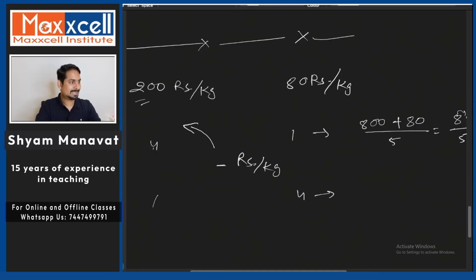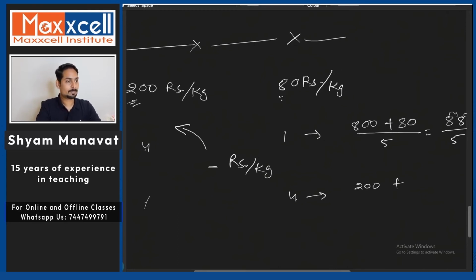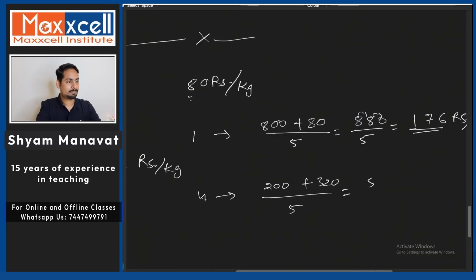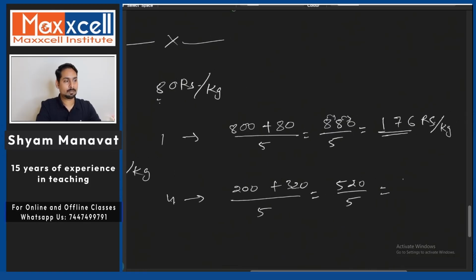Okay. The second one, if I take 1 kg of this, I'm spending 200 rupees, 1 kg of cashews, plus for 4 kgs of peanuts, I'm spending how much? 4 8s are 32 by 5. What will you get? 520 by 5. Simplify. 104 rupees per kg.